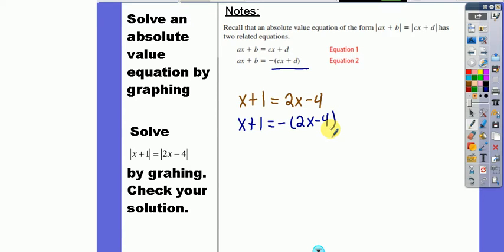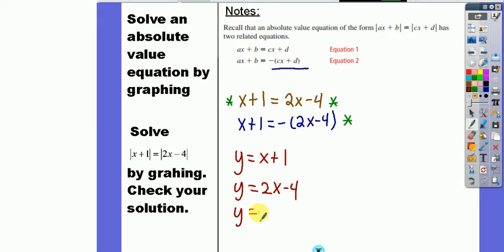So in total, I'm going to have to graph 3 different graphs. We're graphing this one. I don't have to graph it twice here because I have it repeated. Then I have to graph this line in brown, 2x minus 4, and this line here, y equals 2x minus 4, but with the negative distributed. So, in other words, I'm going to graph y equals x plus 1, y equals 2x minus 4, and y equals what?